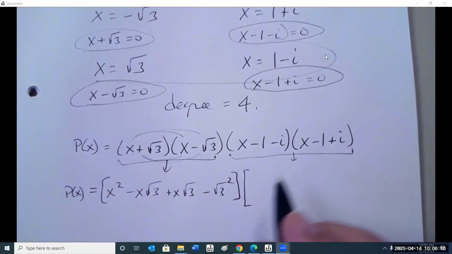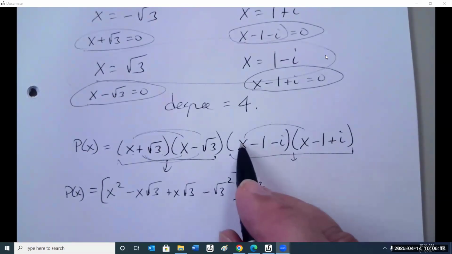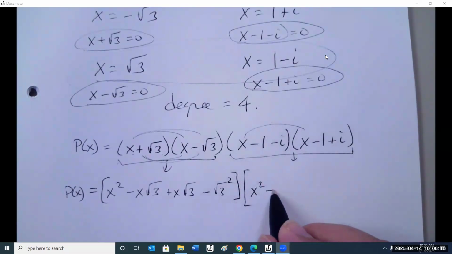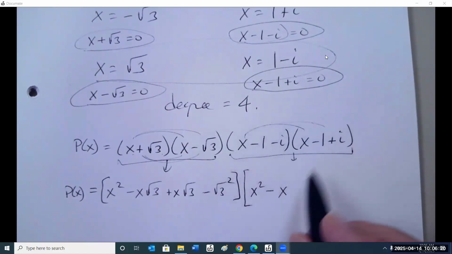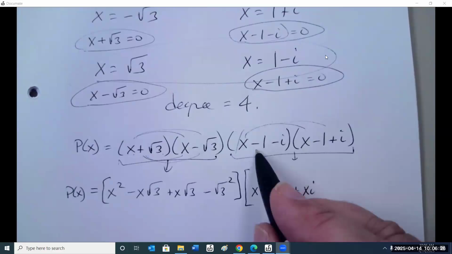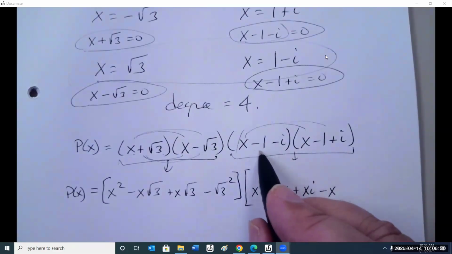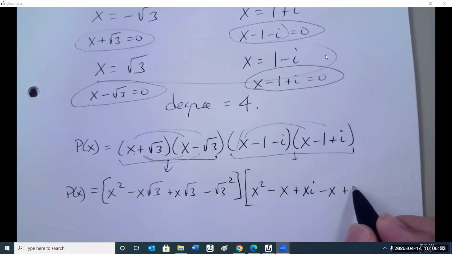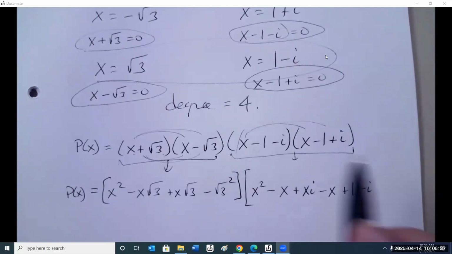And then now the second one. x times x is x squared. Positive times negative is negative, x times 1 is x. Positive times positive is positive, x times i is xi. Negative 1 times x is negative x. Negative negative is a positive 1. Negative times positive is a negative i.